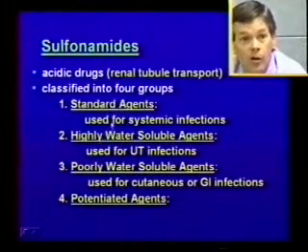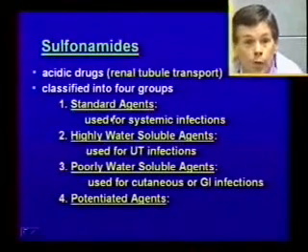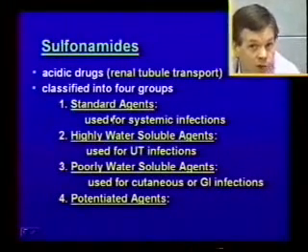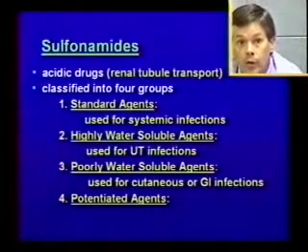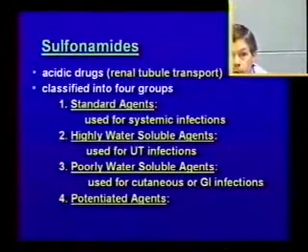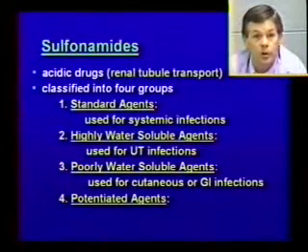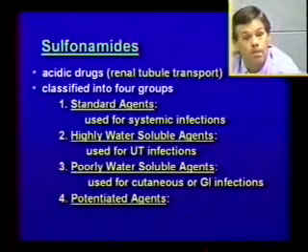The sulfonamides are broadly subdivided into 4 groups. All of them are acidic drugs, though, so they can certainly interfere with some of the pharmacokinetic properties of the other antibiotics, such as the penicillins, which are also acidic agents.